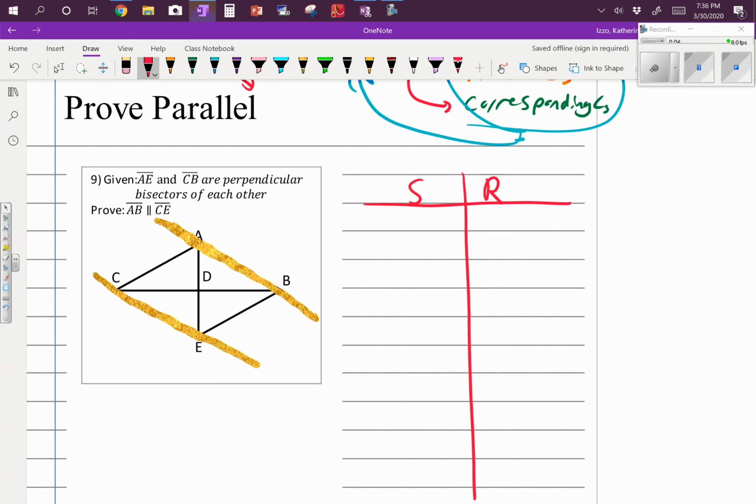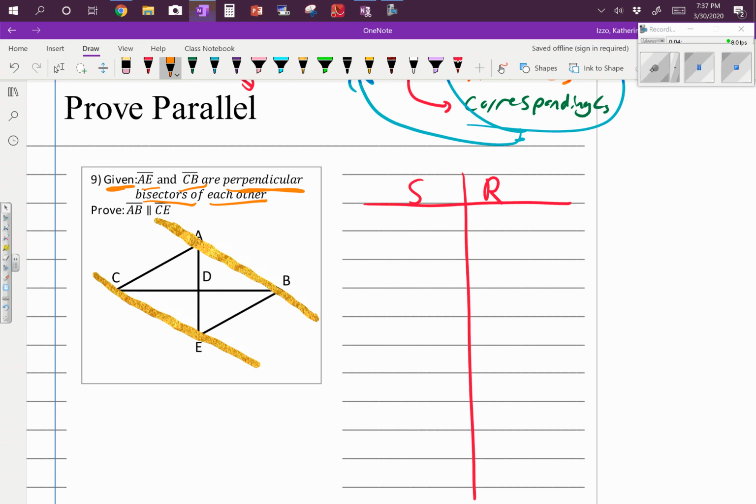So we start with our statement reason chart, just like normal. Our mission is to prove those beautiful lines are parallel, but we need to start at a given. And we've got AE and CB are perpendicular bisectors of each other. Now that given is a chock load of information.